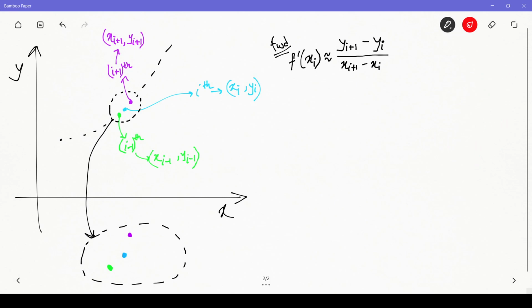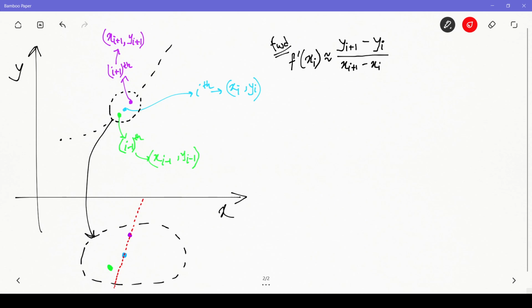Whatever slope or first derivative I'm getting at the point x sub i, remember that the point x sub i comma y sub i is this blue point over here, right? So this straight line, of course a very badly drawn straight line, passes through my blue point and my purple point, which means my ith point and the i plus 1th point.